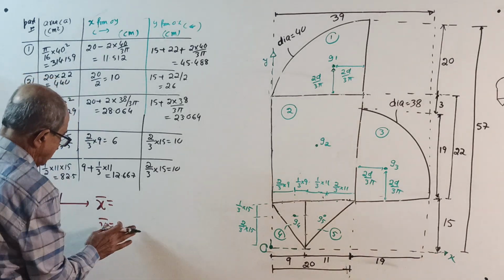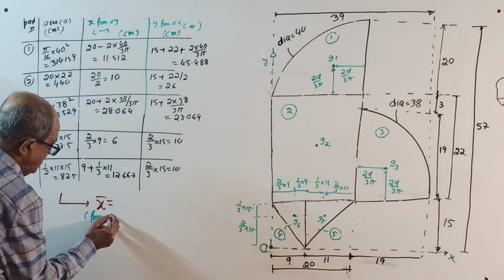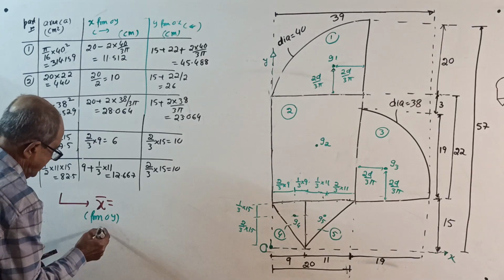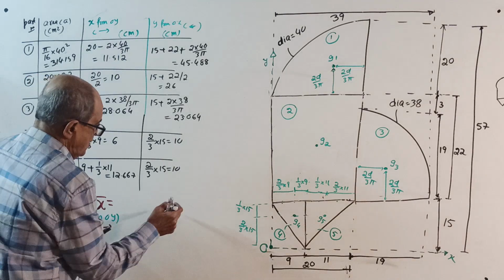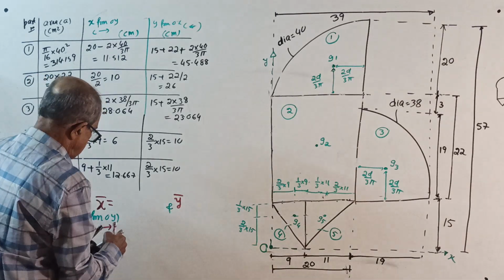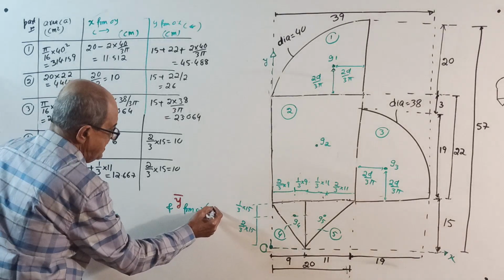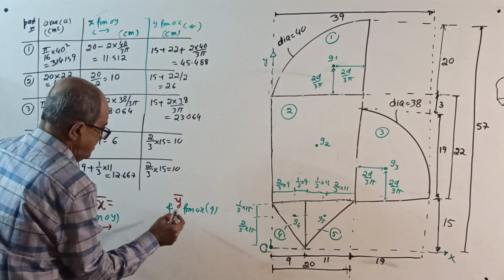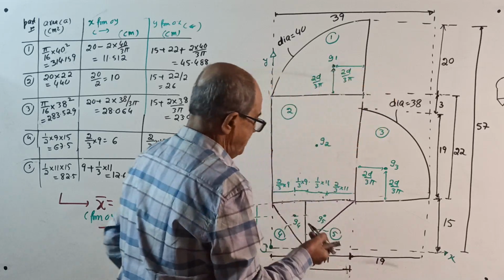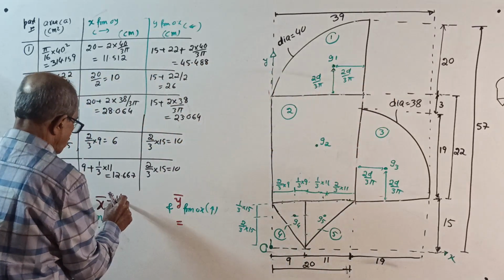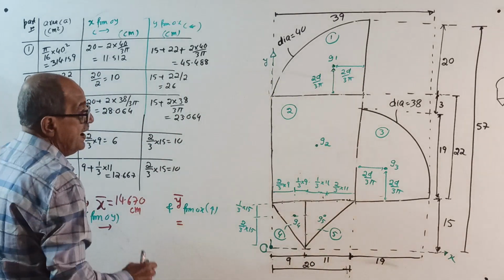X bar is measured from OY to the right side, and Y bar from OX to the upper side. X bar is 14.670 centimeter.